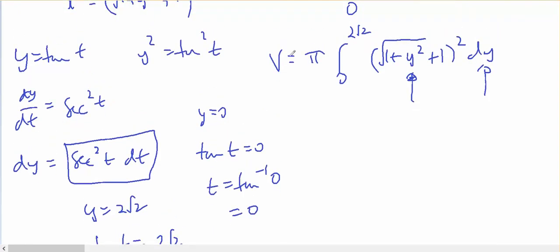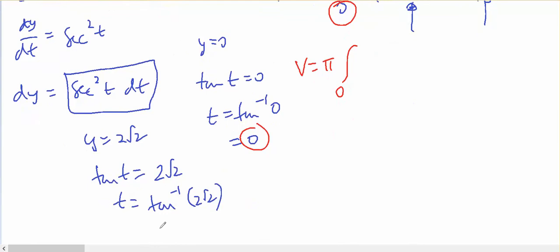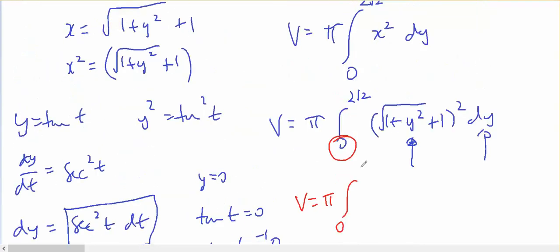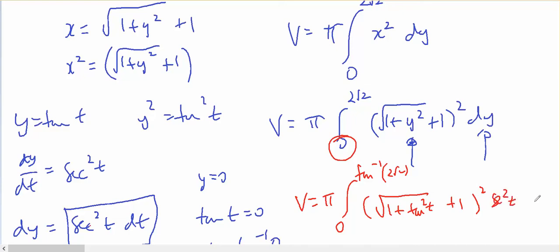So this is going to become V equals pi, the integral, 0 becomes 0, 2 root 2 becomes the inverse tan of 2 root 2, bracket, the square root of 1 plus tan squared t, plus 1, squared, and dy is sec squared t dt.